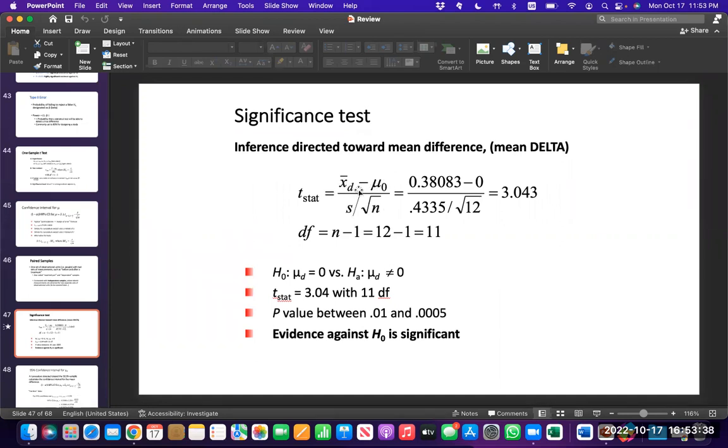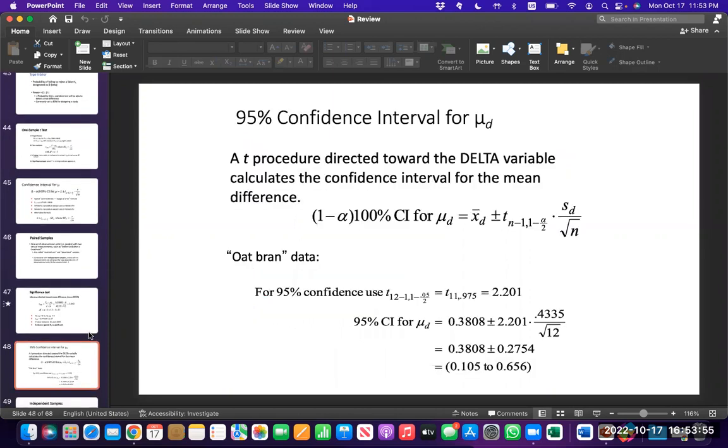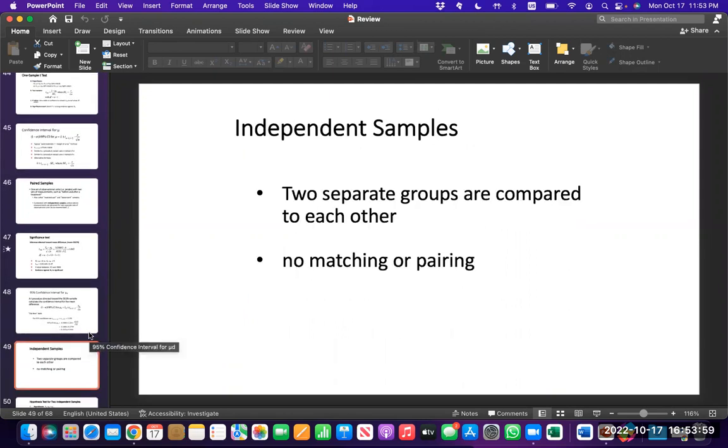And this is what you're standardizing or testing against the difference of 0, which essentially will then give you a certain t-statistic, and this t-statistic you will read from the t table.